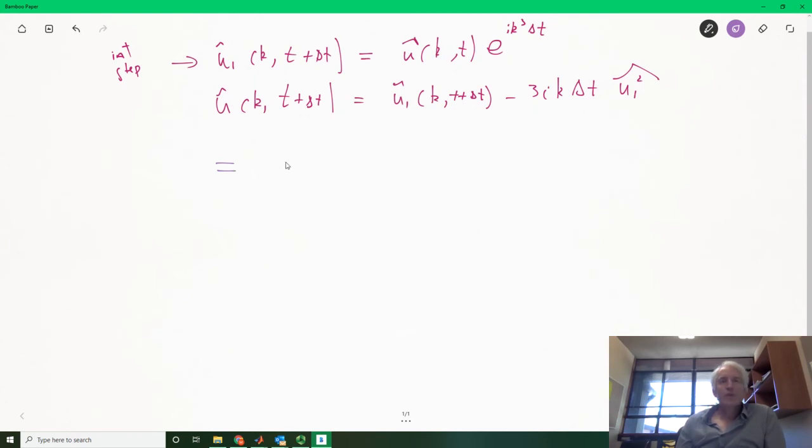If we want to go into the actual process of how to do this, we're going to go u hat 1, plus minus 3ik delta t, and then it's the Fourier transform of the inverse Fourier transform of u1, squared.